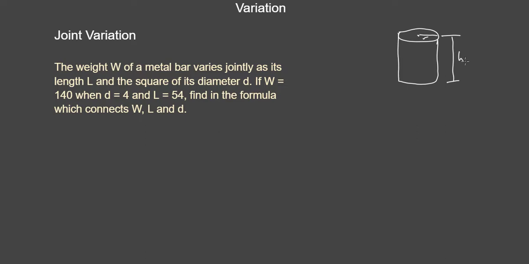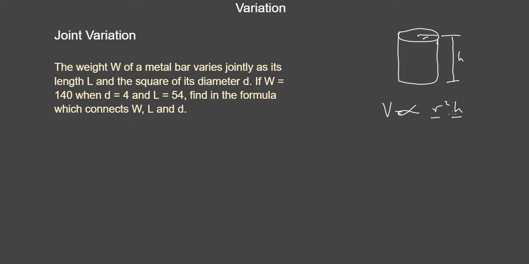Now, if I ask you how to calculate the volume of this cylinder, the volume V is not determined by just one variable. The volume of the cylinder is proportional to two things. It's proportional to the square of the radius and the height of the cylinder. So the volume of a cylinder is determined by at least two variables.